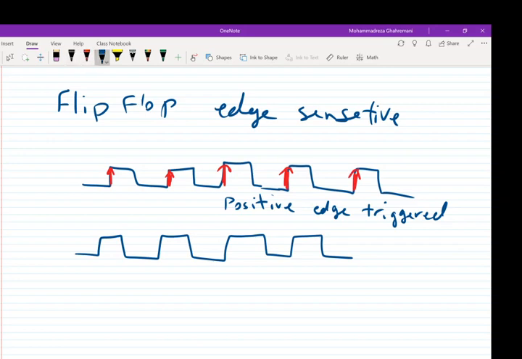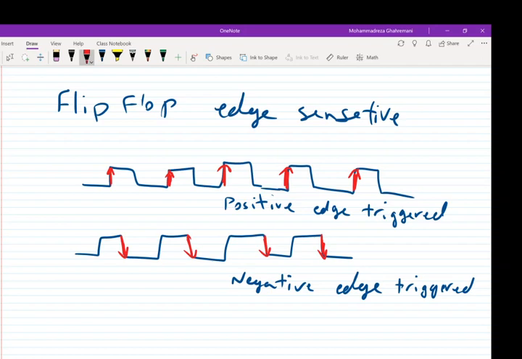And in negative edge triggered flip-flops, the flip-flop changes its state a maximum of once per clock cycle, at the falling edge.